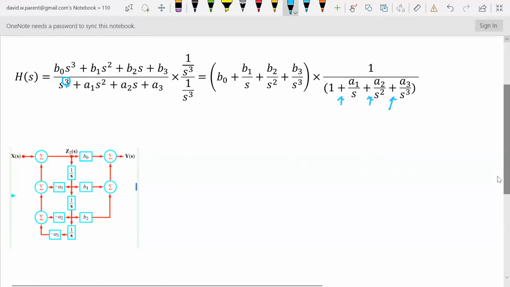So now that we have it all like this, we can just figure out how many integrators we need. Well, if I have s cubed, the easiest way to get s cubed is to pass it through 1 over s times 1 over s times 1 over s. So we're going to need 3 integrators.